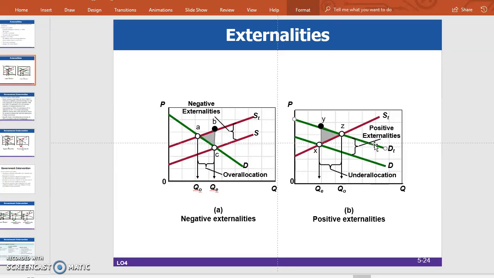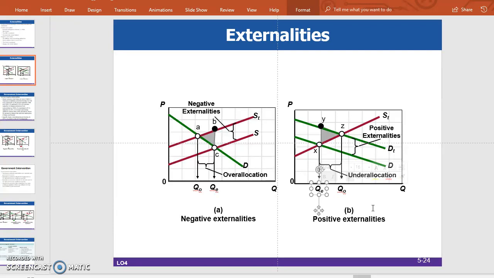So we need to add that to the existing demand curve D, and then the true demand for the commodity is DT. So now the equilibrium supply curve is ST, the demand curve is DT. So equilibrium should be Q0, but the private producers will produce only QE, because we know that the beekeeper, the private producer, will only count his benefit.